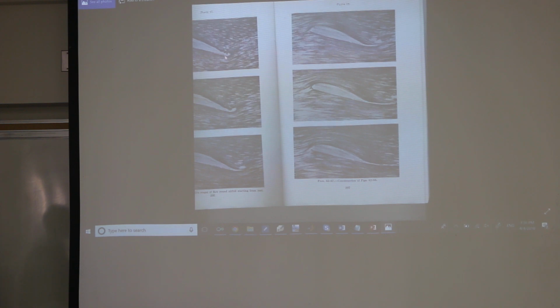But in the very first moment there is a flow from the lower surface to the upper surface, which forms the starting vortex. But when we reach the steady state, you can see there is no flow from the lower surface to the upper surface or vice versa. There is a smooth flow off the trailing edge. Okay? Because this is essential to understand the physics later on. This is the physics of the Kutta condition.